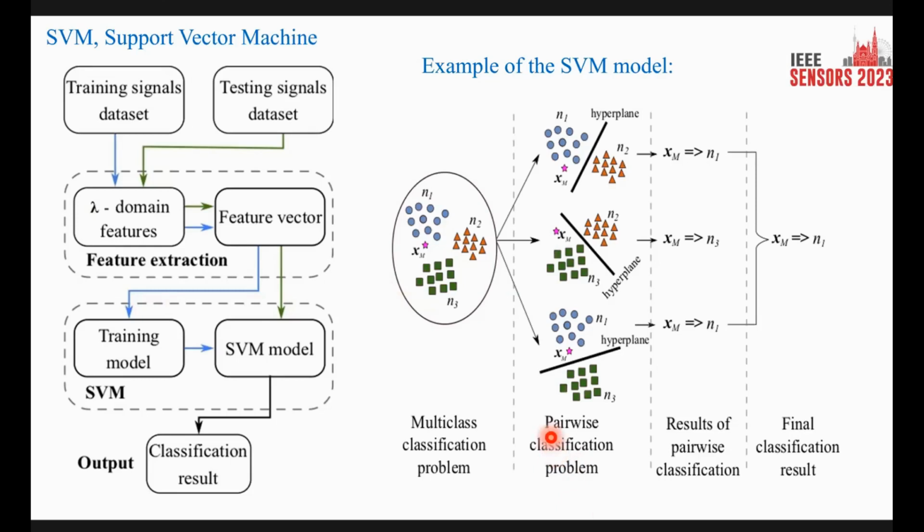Then the way this is done in this algorithm is a very well-known thing. It compares by pairs. It takes the first two of these and has a hyperplane between them and identifies on which side it is seated. And then the one obtained the most times after this classification with all these different vectors is the one assigned.